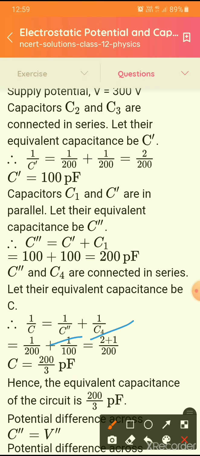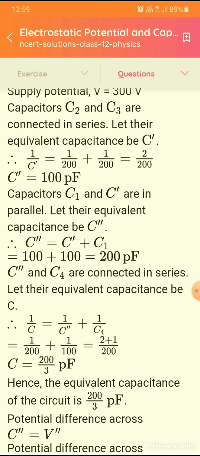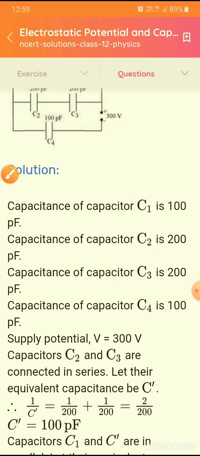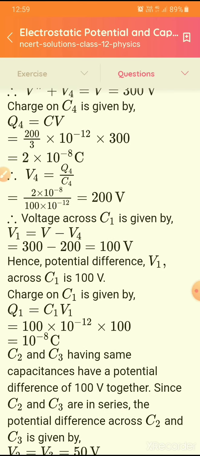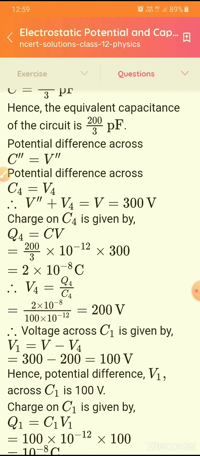The C2 dash value is 200 picofarads, and we already know that the C4 value in the diagram is 100 picofarads.